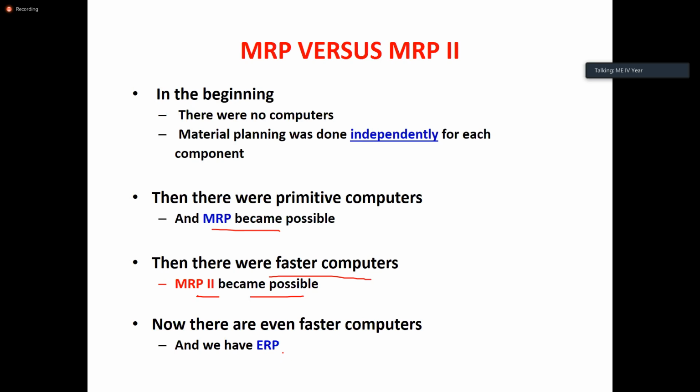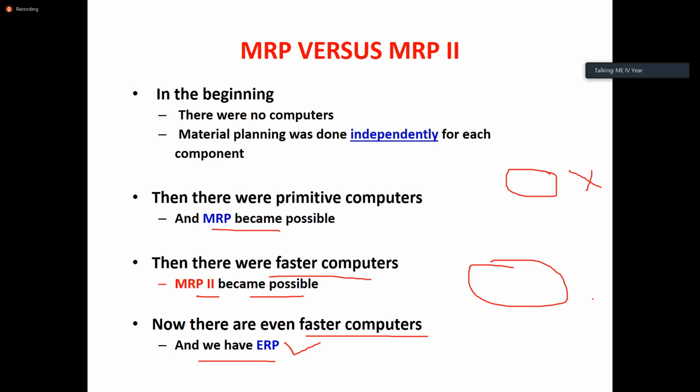Now there are even faster computers and we have ERP. This is very advanced. For example, there is a supplier company X and this is my company.